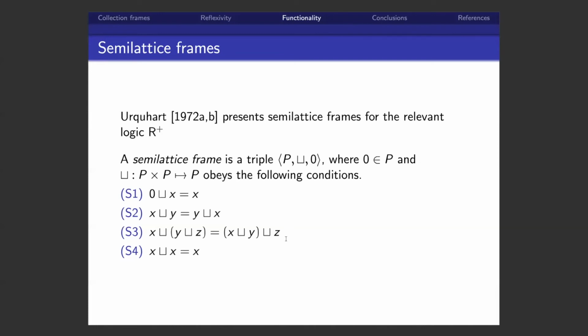Here are the conditions. The result is that join is a semilattice join. And if you look at them, you can see that 0 can disappear, the order of the operation you can kind of ignore, the association of the operation you can kind of ignore that too, and because of idempotence, you can toss out extra copies or introduce them as you want.